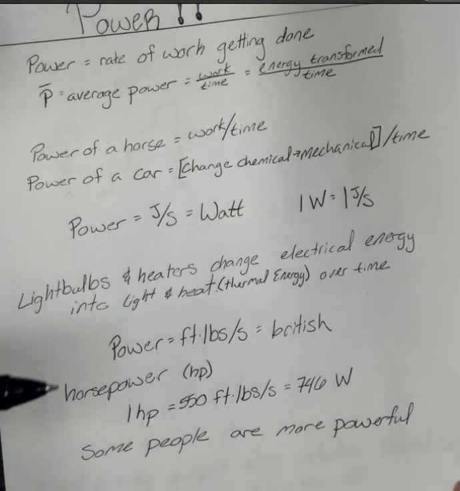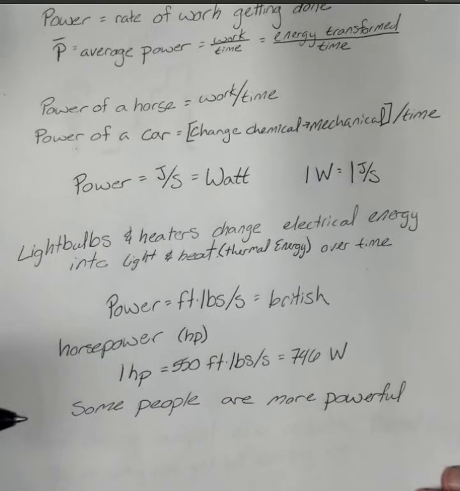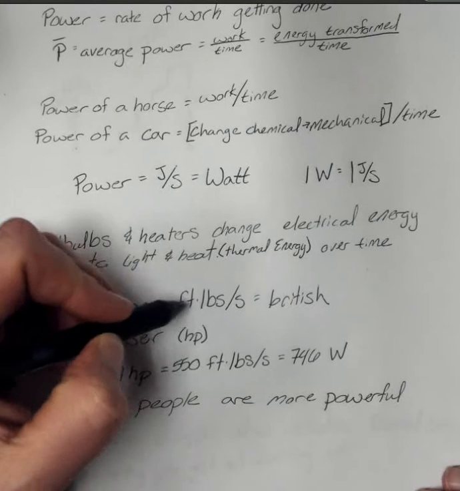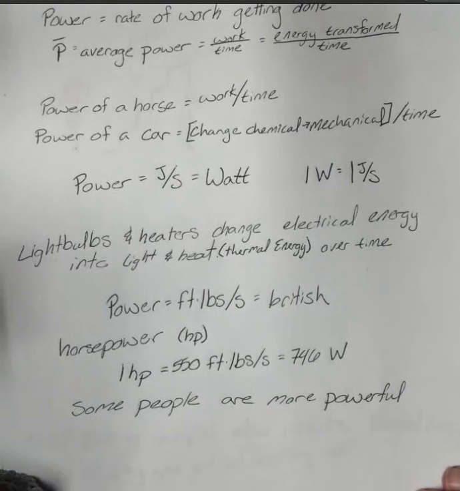There's a few non-SI units for power. One of them is the foot-pound per second, and that's British. So it's how many feet and how many pounds of force in how much time. So foot-pounds would be the British unit for power. And then another one is horsepower. How much horsepower?